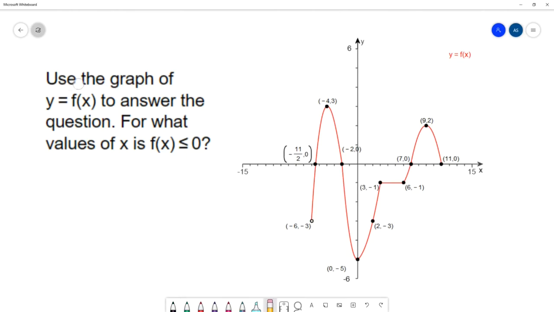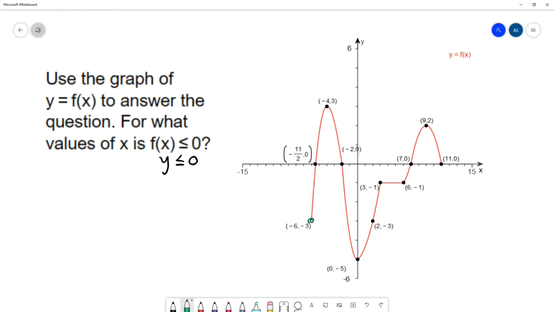So for this question, we want to use the graph of y equals f of x to answer the question. For what values of x is f of x less than or equal to 0? So f of x being less than or equal to 0 means that y is less than or equal to 0. On our graph, we're looking for portions of the graph that are below the x-axis or on the x-axis.